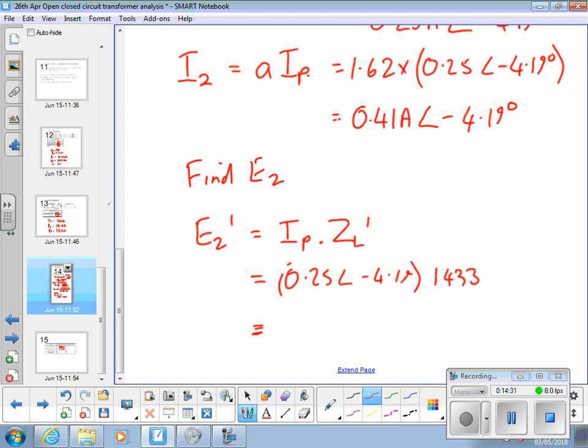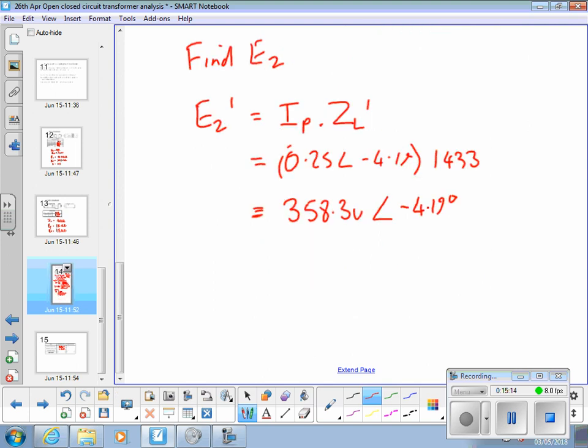That's 358.3 volts, angle minus 4.19 degrees. So that gives you an indication of how much of the 400 volts is being dropped across the other two components, because the load reflected to the primary side is 42 volts less than what has actually been input at the outset.